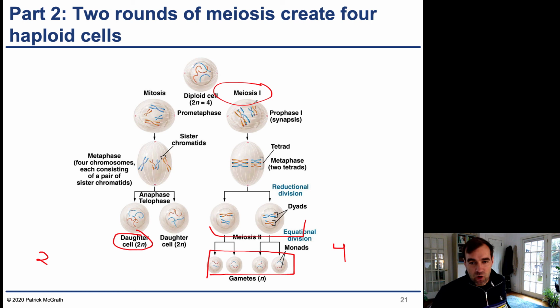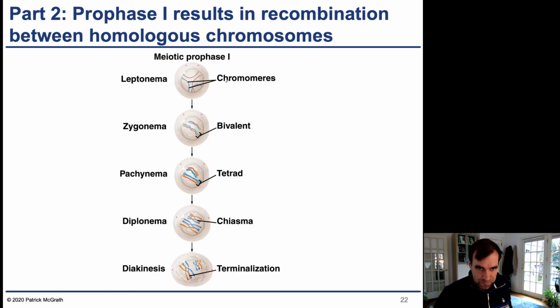One of the important parts of creating genetic variation occurs in the first phase of Meiosis I, in Prophase I. Homologous chromosomes find each other, join together and undergo DNA crossover. We'll see that in a little more detail.